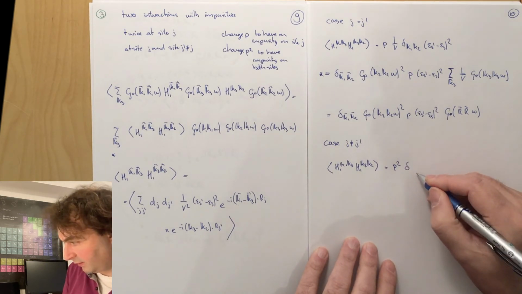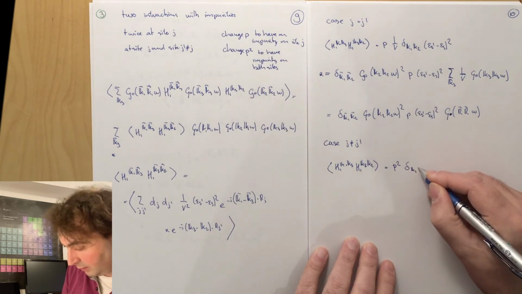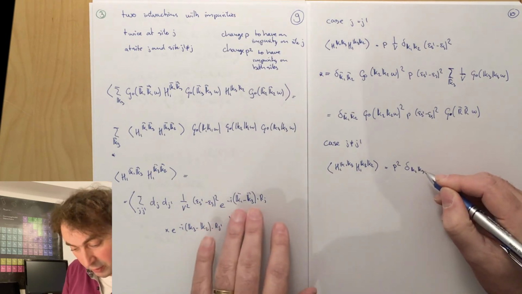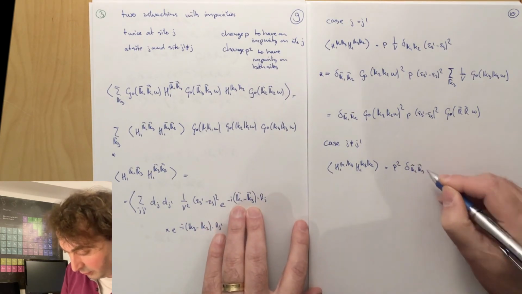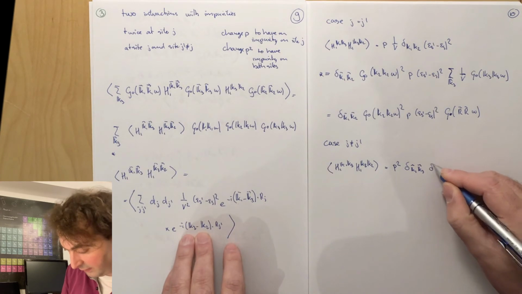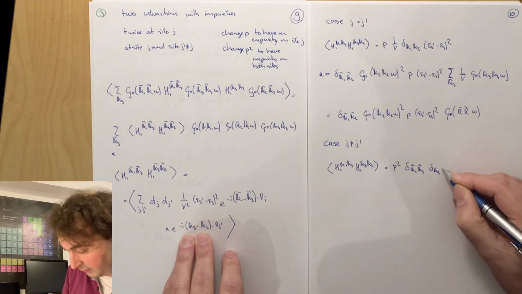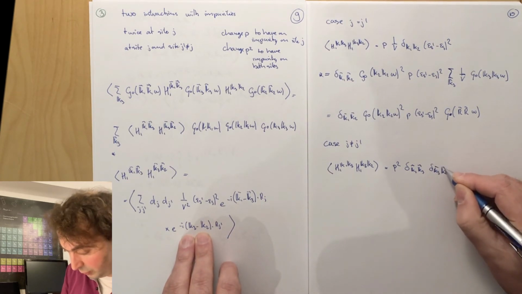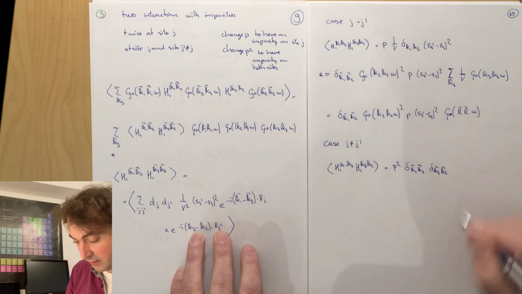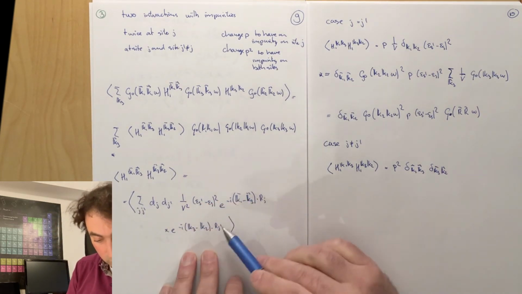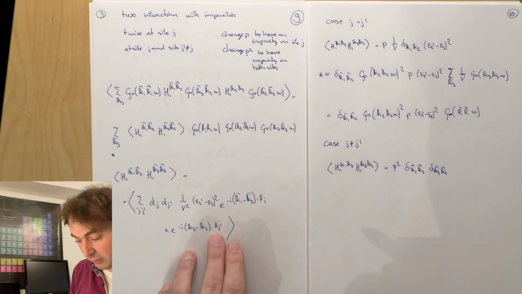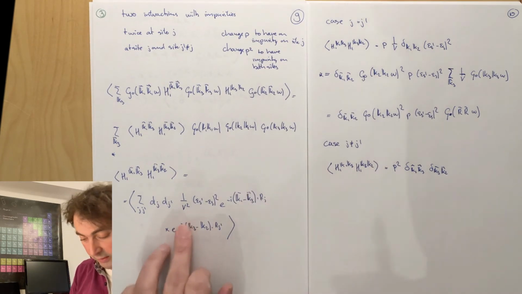And then we have a delta k1 k3, because you have a sum here over all lattice sites. We have a delta between k3 and k2, because we have here a sum over all lattice sites. And before you had only one sum over the lattice sites, and r was equal to rj, thereby annihilating the k3.